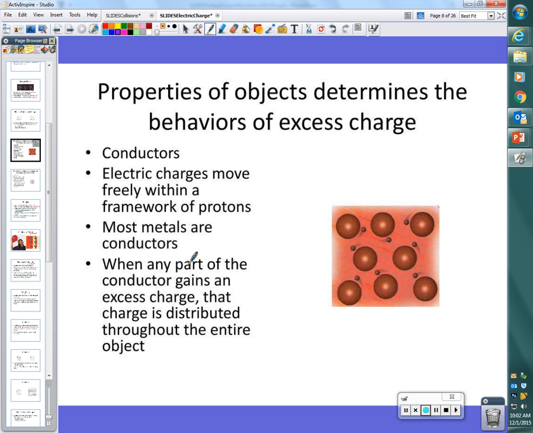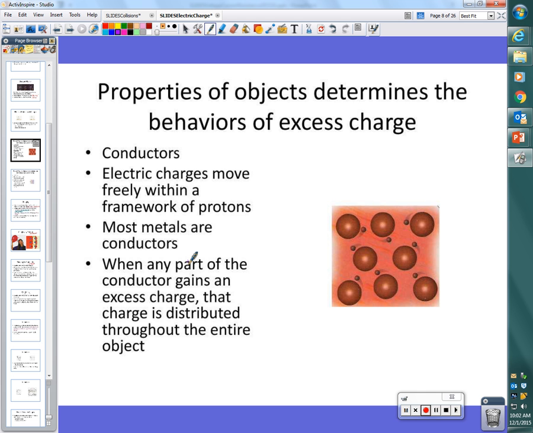Remember, valence electrons are on the outside part of an atom, and overall, atoms are looking to get 8 valence electrons. We looked at some pictures of sodium, and sodium, because it's in the first column on the periodic table, has 1 valence electron. We said that usually metals are looking to get rid of their valence electrons, whereas nonmetals are looking to pick up valence electrons. Does that all sound somewhat familiar?